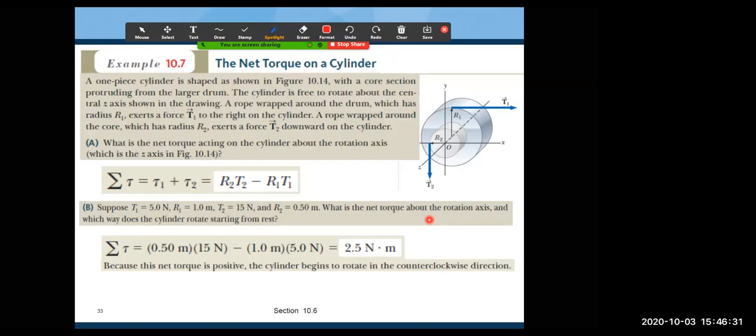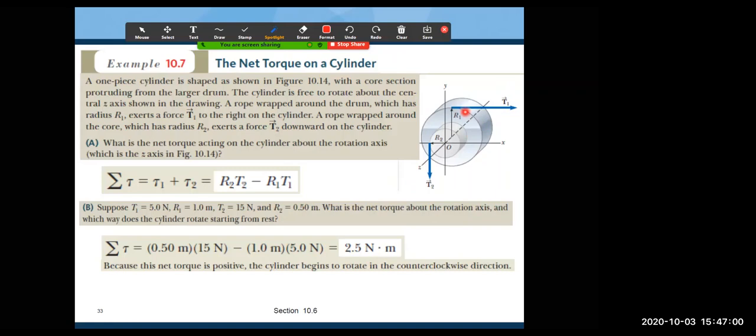In the first part, we ask what is the net torque acting on the cylinder about the axis of rotation, which is the Z axis. The net torque can be considered in this particular case by observing the turning effect about the Z axis, for example.